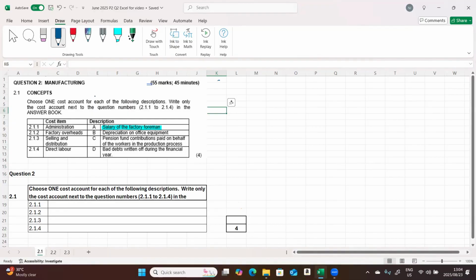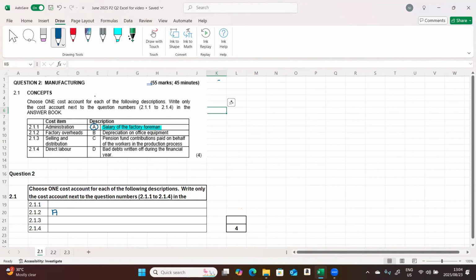If someone is not directly involved in the manufacturing of the product, then it would go to factory overheads. So A is a factory overhead. At 2.1.2, you can write A. So let's go to our answer sheet 2.1.2, and there you can write that the salary of the factory foreman is definitely a factory overhead.